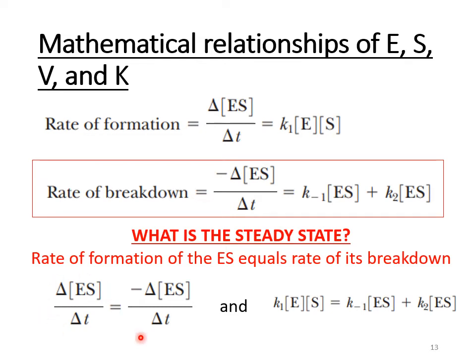And equation-wise, that's represented here, which now that you are pros and experts at these equations up top here, you know that in verbal lingo, what these equations are telling you is the rate of formation, which is this positive fraction here, is equal to the rate of the enzyme substrate breakdown, which is the negative.